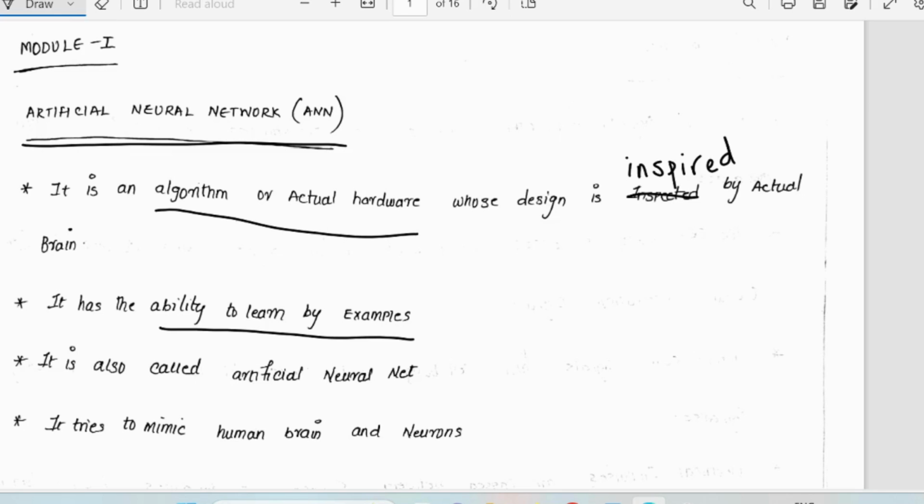Just like a brain can learn, similarly artificial neural network also has the ability to learn. It is also called artificial neural net, where instead of network the short form is net. Then it tries to mimic the human brain and the human neurons. So let's see how this is being implemented in the next slide.